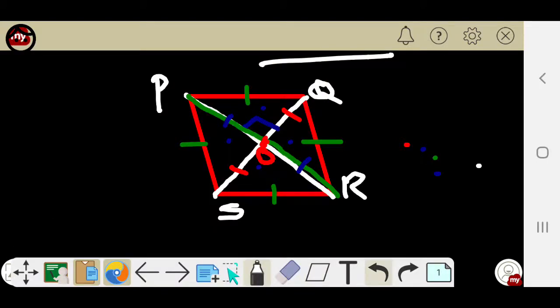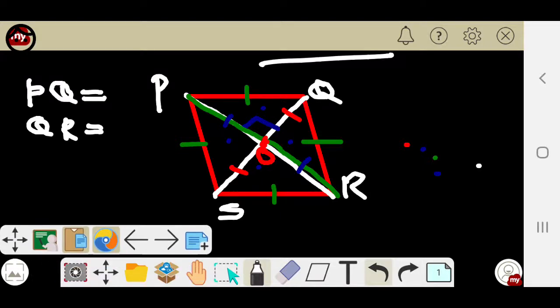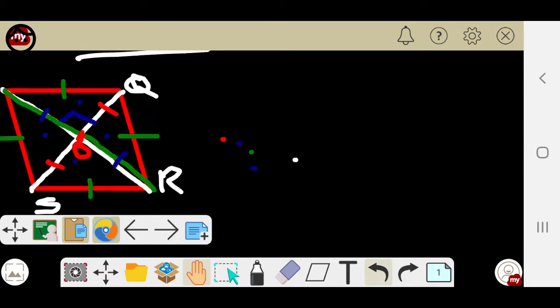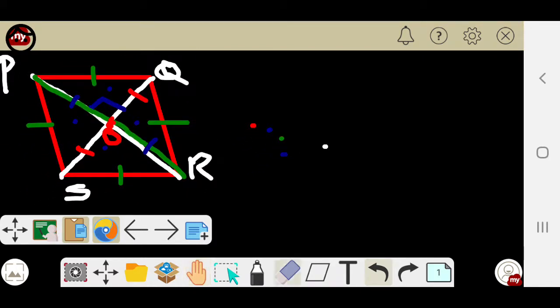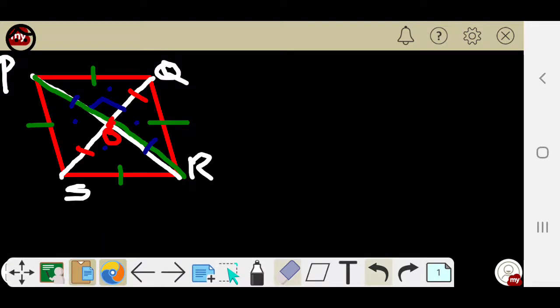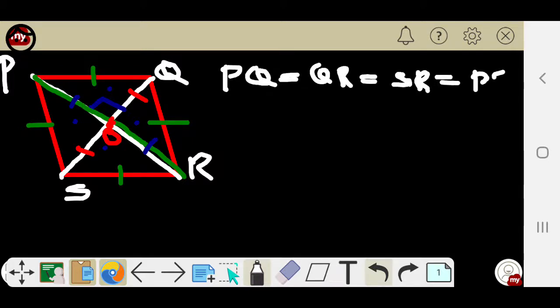First one, PQ equal to QR equal to SR equal to PS because it is a rhombus.